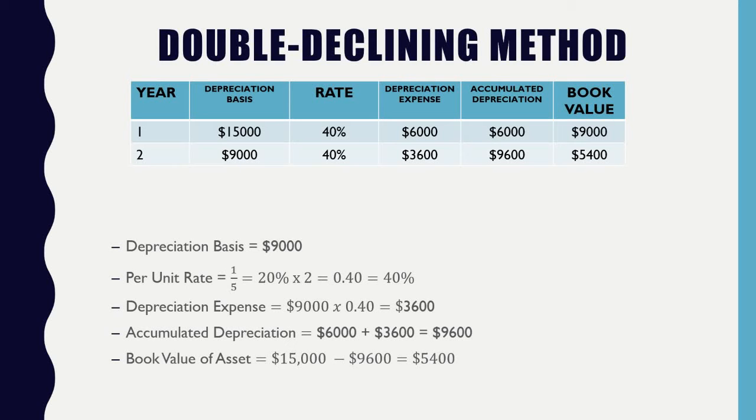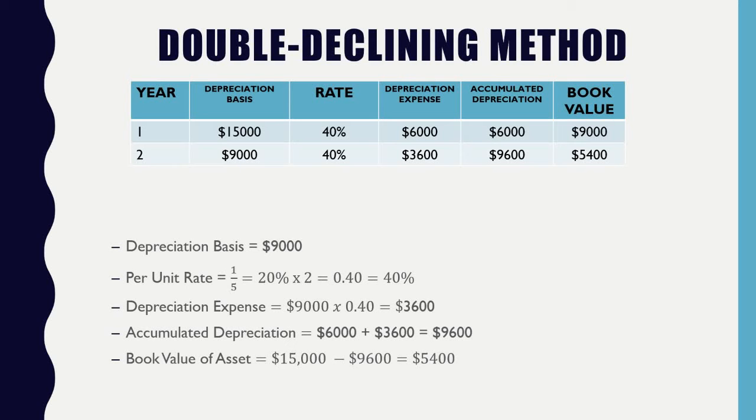Then we take our cost of asset, which is 15,000, and subtract the 9,600 to give us a grand total of 5,400. Any questions in regards to this? So when we calculate the third year, we're going to use the book value of 5,400.